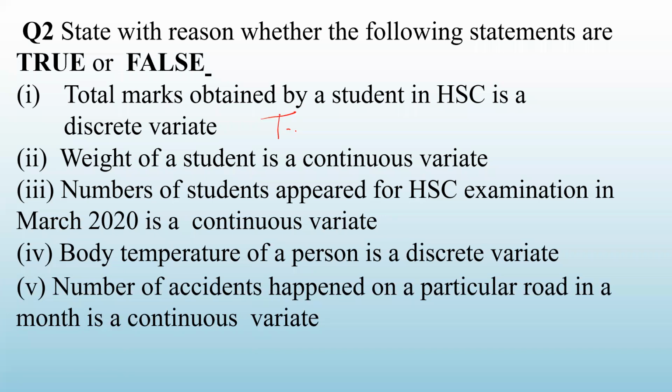It is true. Weight of a student is continuous. That is also true. Number of students appeared for HSC examination is continuous. No, it is false. It is discrete. Body temperature of a person is a discrete variate. No, body temperature can be in decimal. So it is false. Number of accidents happened on a particular road is a continuous variable. False. Number of accidents cannot be in decimal, correct? So it is discrete.